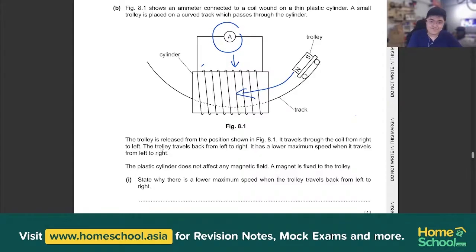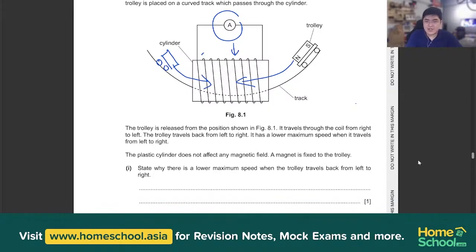The trolley is then released from this point shown here, and it travels through the coil from the right to the left. And then it stops somewhere around here. And then it will travel back from left to the right.